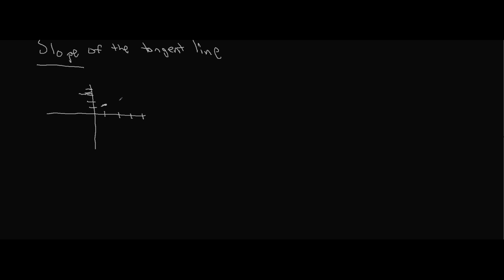I'm trying to get them as close as I can. This will be the point 0, 0, and this will be point 3, 3. So pretty much it'll be 0, 0, 1, 1, 2, 2, and 3, 3. Okay, that's good enough.